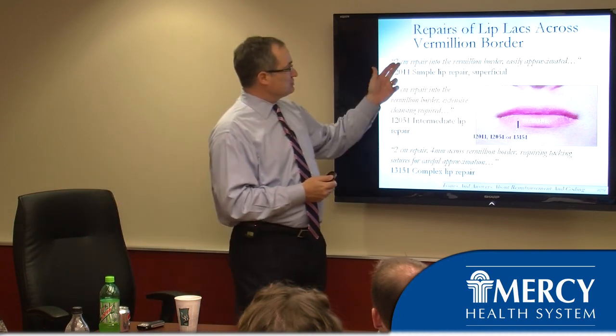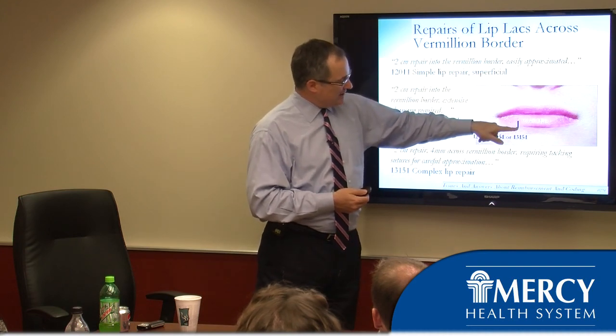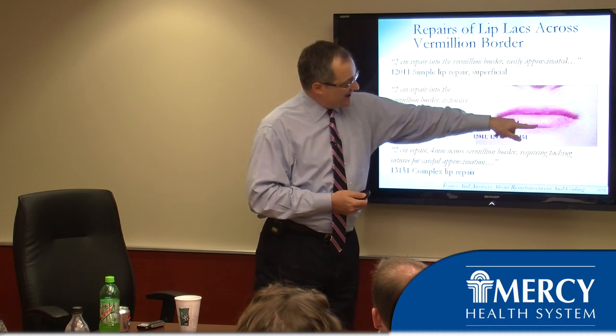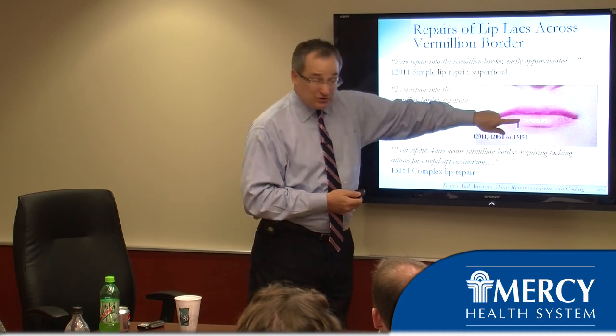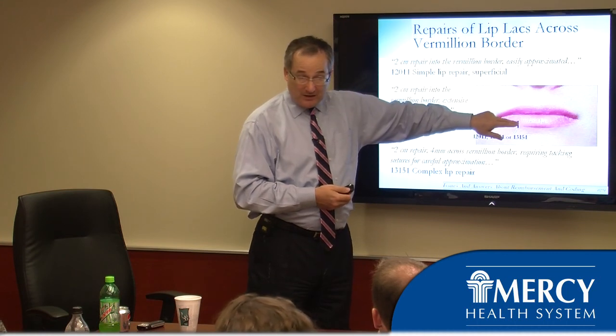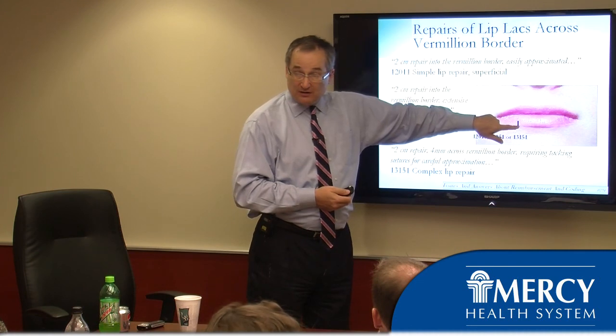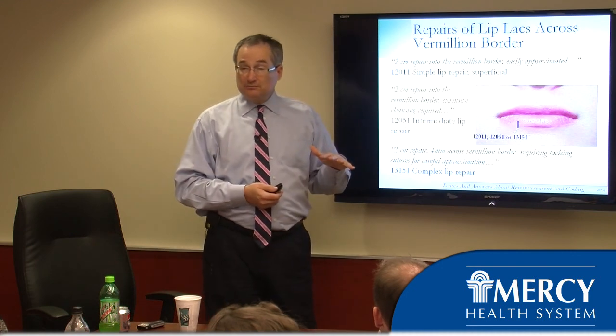A 2 centimeter repair into the vermilion border tells me this is a punch injury out here, and it continues past the vermilion border into the vermilion area of the lip. The physician's going to tell me that, because that's a hard approximation to do. That's a very careful repair that needs to be done for good cosmetic effect, but it doesn't change the code.